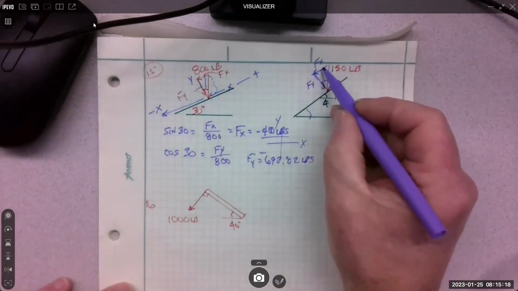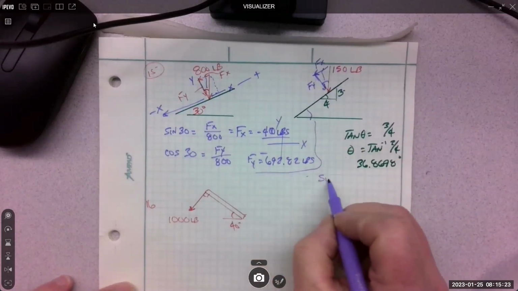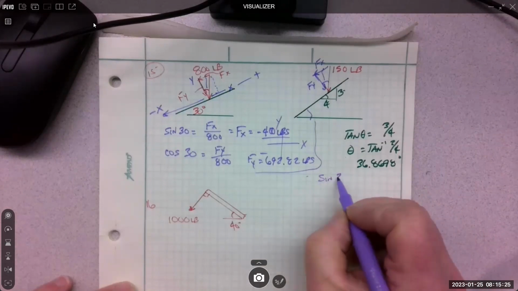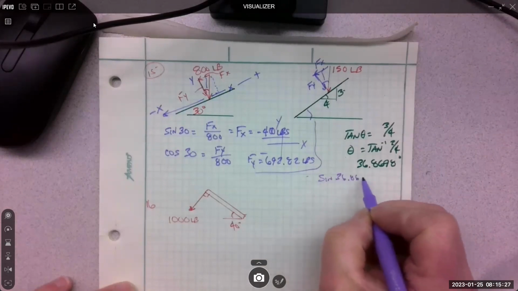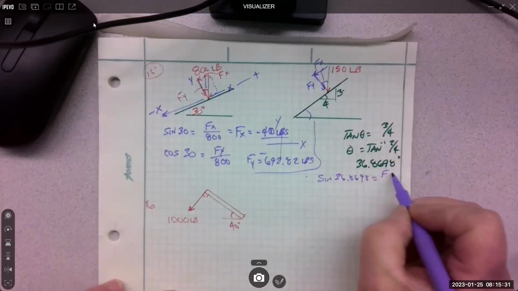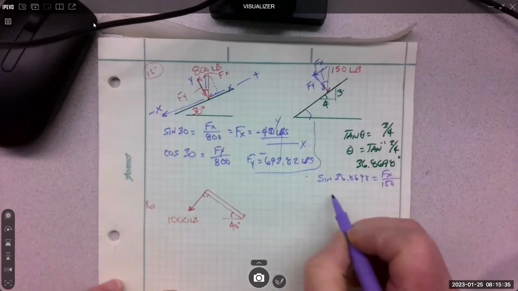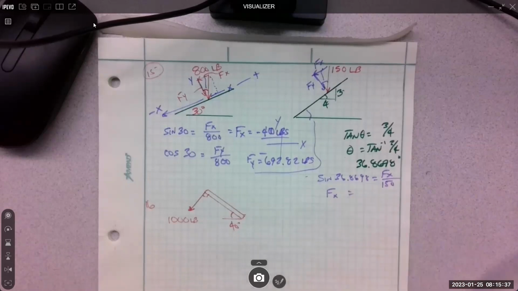This is opposite, so that's going to be the sine. So it becomes sine of 36.8698 equals FX over 150. So FX equals, I'm going to hit enter. So I have an extra one. What is it? Sine 90.